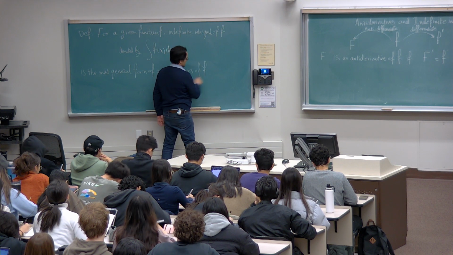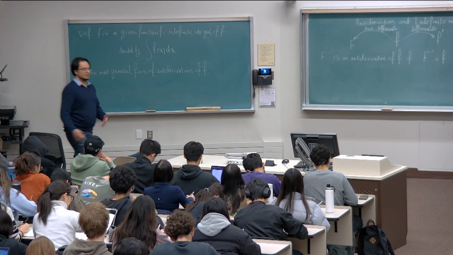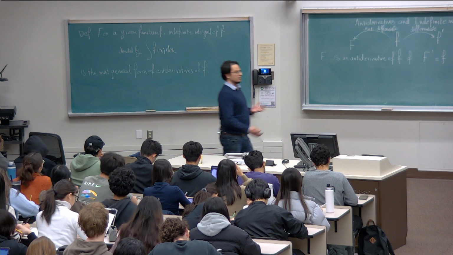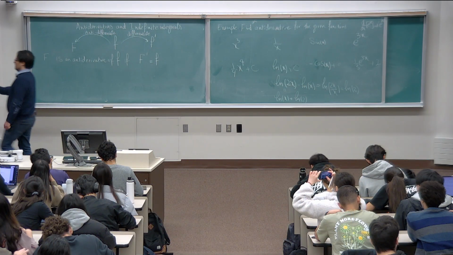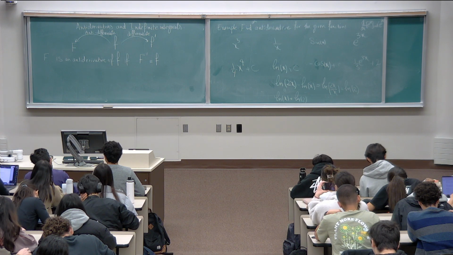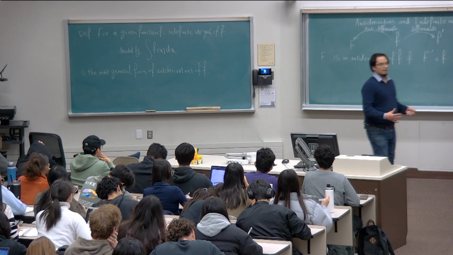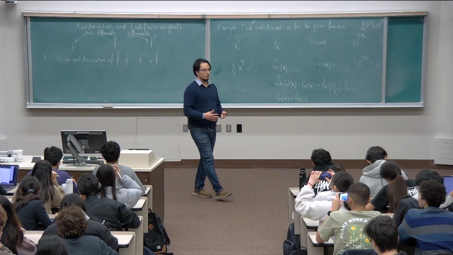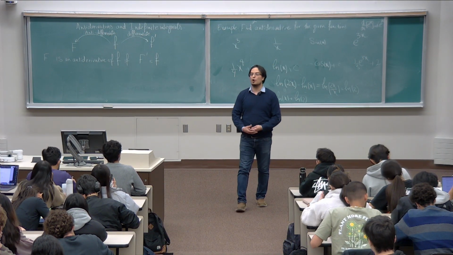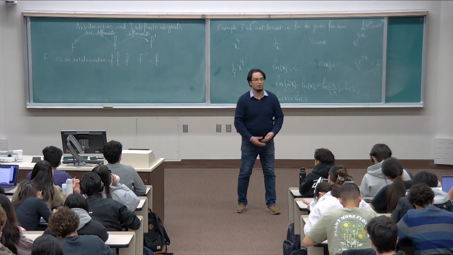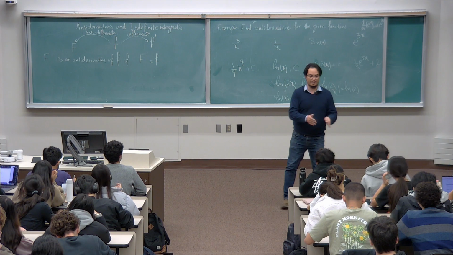There. So in other words, if someone gives you this thing here, that's a nice way or a bit mysterious way of asking you what are all the possible antiderivatives of this function f of x.